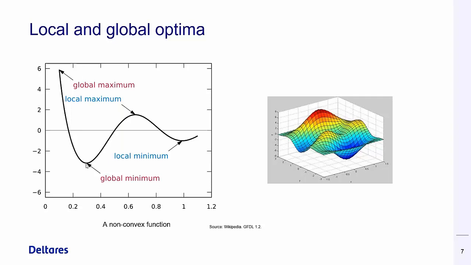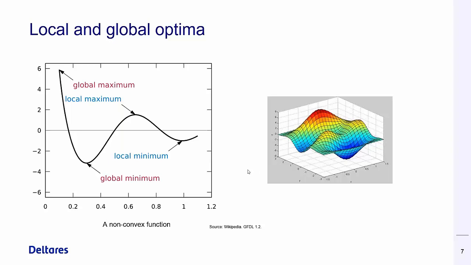But an optimizer can also be trapped in a local minimum, and it becomes much more complex if the number of dimensions increases. Here it's a two-dimensional surface with 1, 2, 3 local minima.